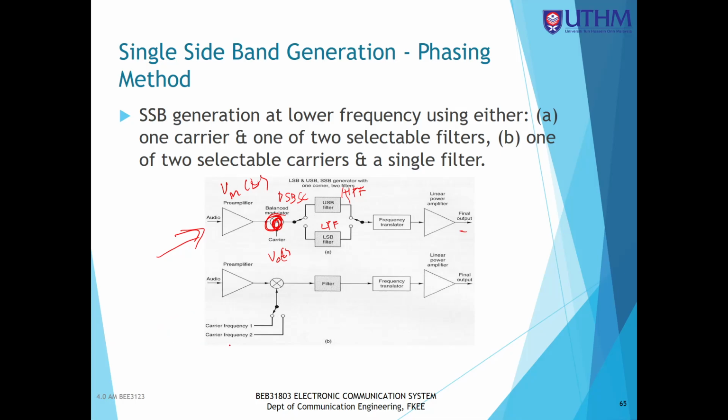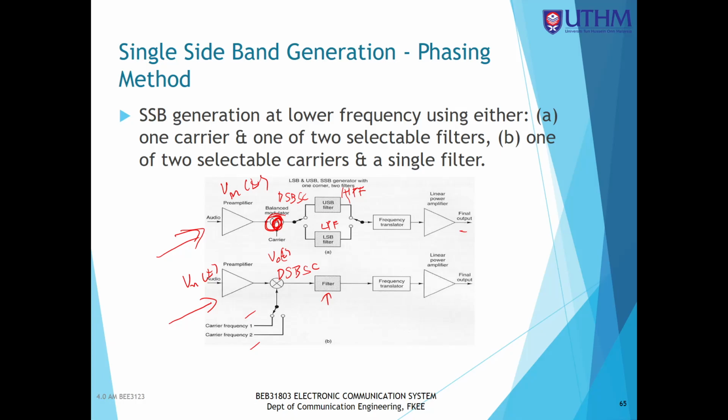And then in picture B over here, VMT is the input, and this picture uses two sets of carrier, carrier 1 and carrier 2. These carriers have different frequencies, and we have only one type of filter here. This will produce double sideband suppressed carrier, but the frequency would be different.